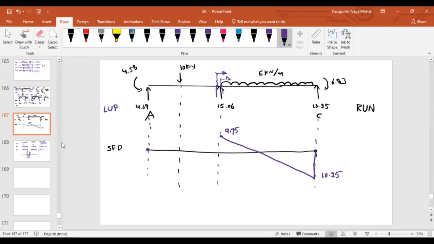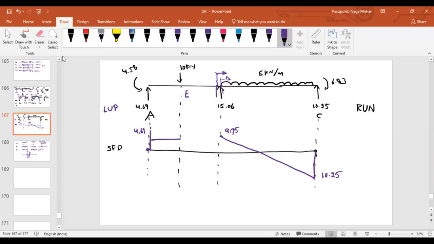If you look into the left side, 4.69. The force is upward, so positive. How much will it be? 4.69. Let us say this point is E. In between A to E, is there any load? No load, sir. As there is no load, it will be constant, right? So let us assume it will be constant.